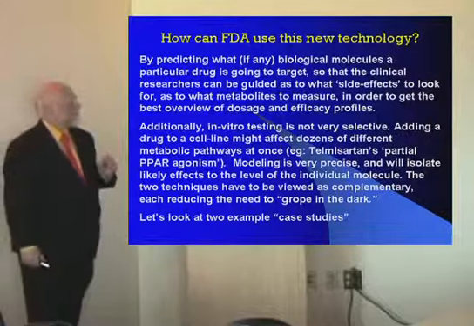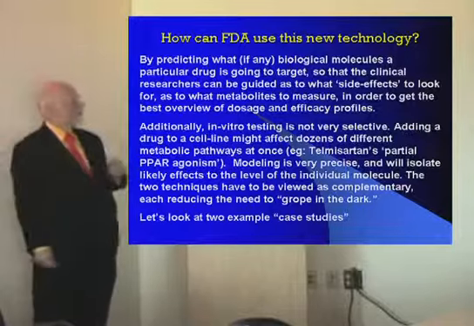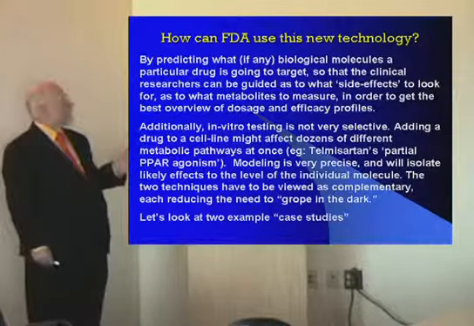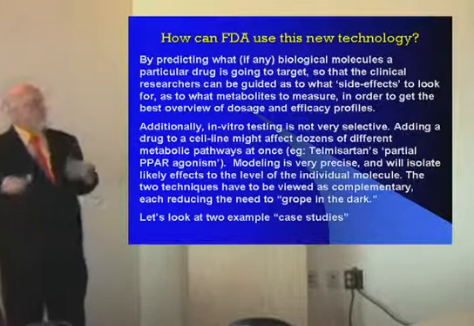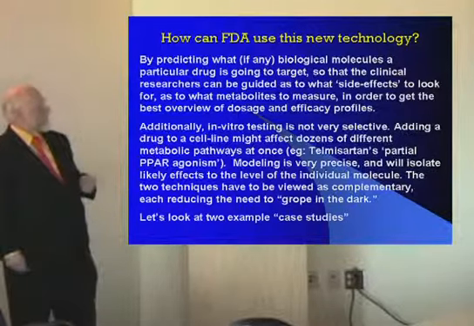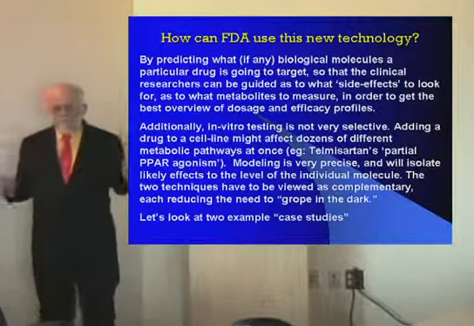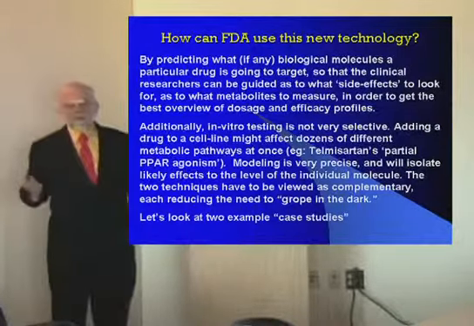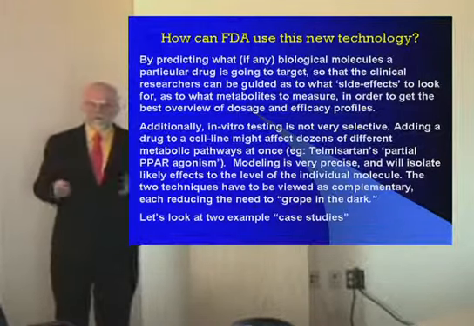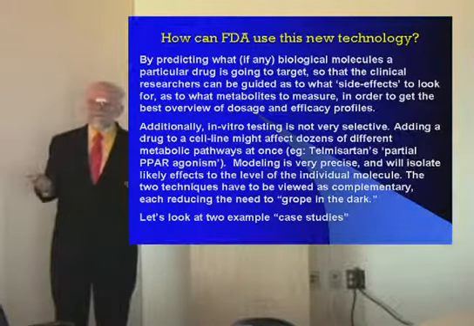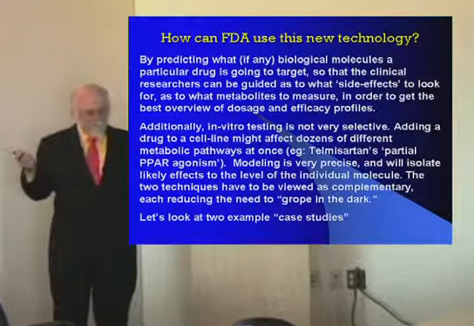By predicting the biological molecules which a particular drug is going to target, obviously the clinical researchers can be guided as to what side effects to look for if they're unwanted, or as to what metabolites to measure in order to get the best overview of dosage and efficacy profiles. For example, I said there's one publication a day on the VDR, and yet I would doubt that there are very many applications before the FDA at the moment that even measure the metabolites that are affected by the VDR, and yet it's the key immune system receptor.